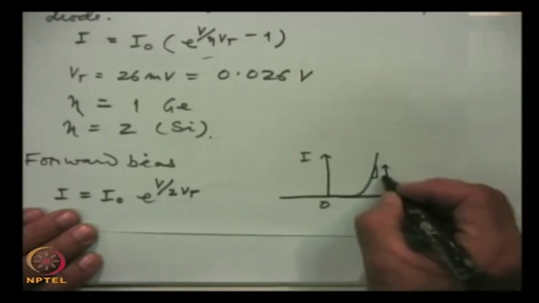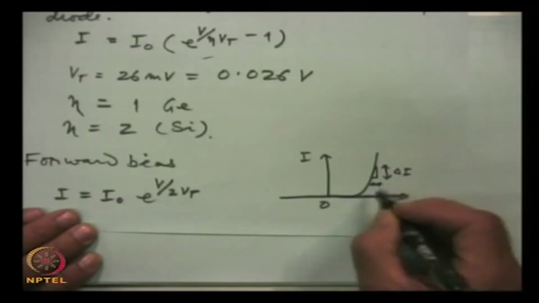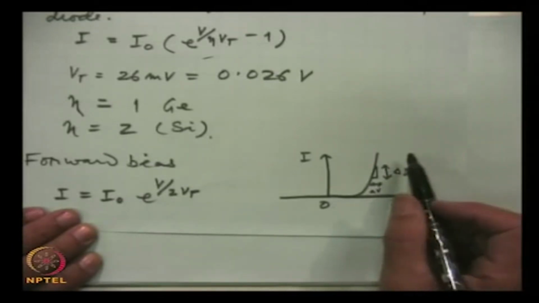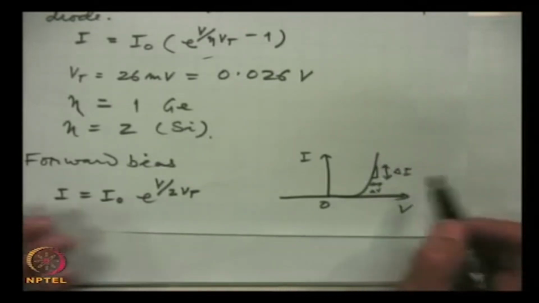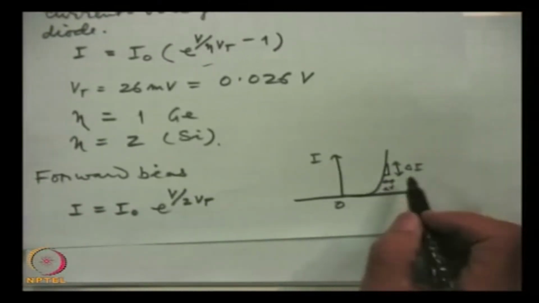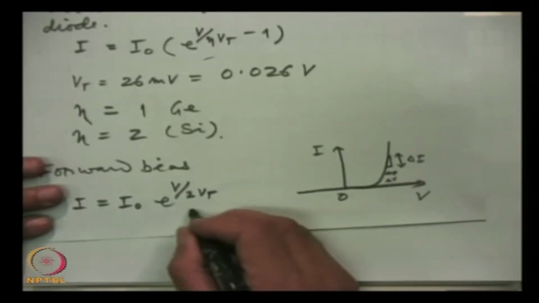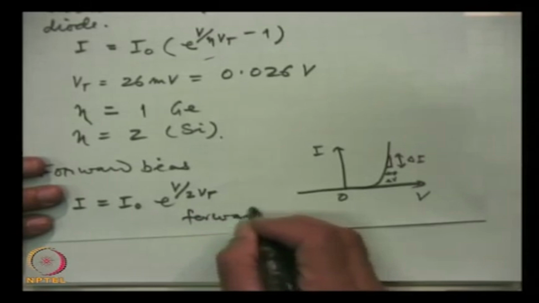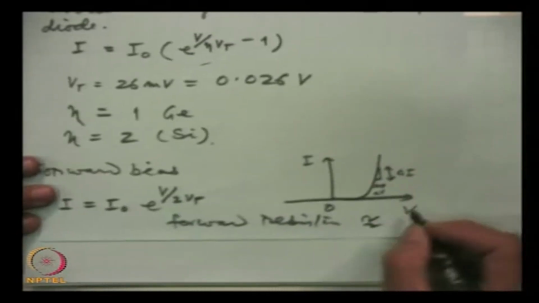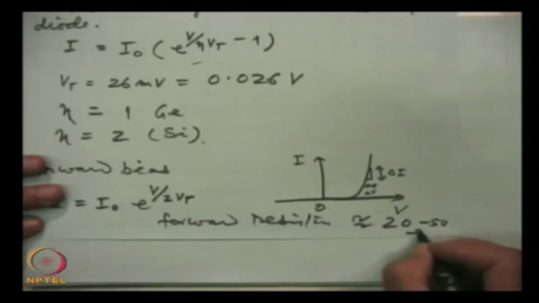This is the change in current which occurs because of change in voltage. A small change in voltage will change the current drastically, and hence the resistance is very small. Forward resistance for a diode is around 20 to 50 ohms.